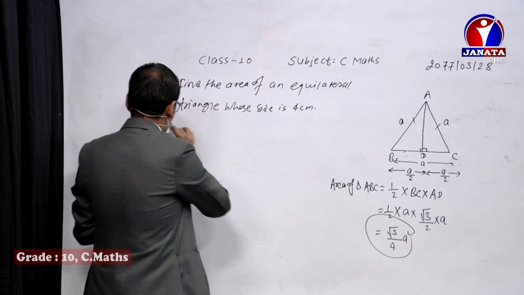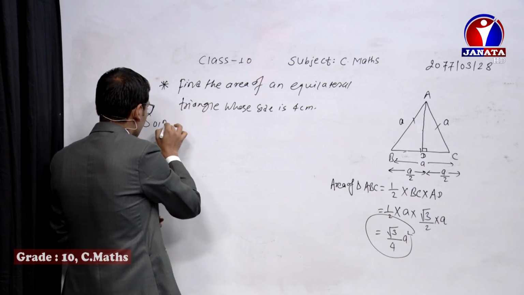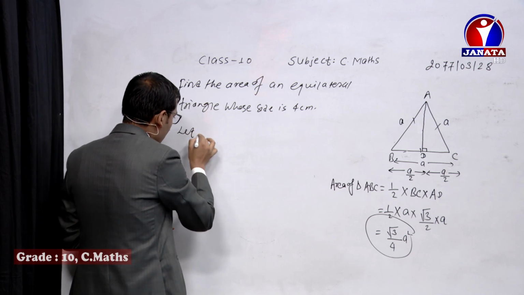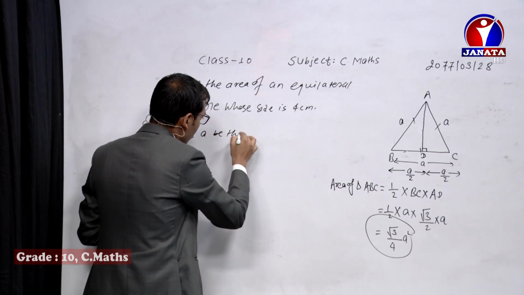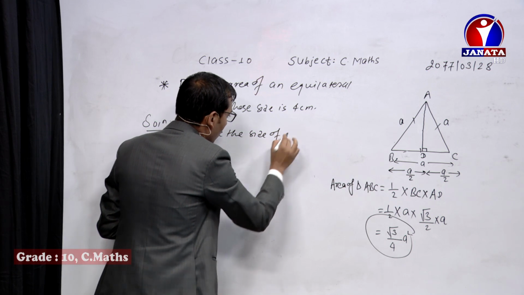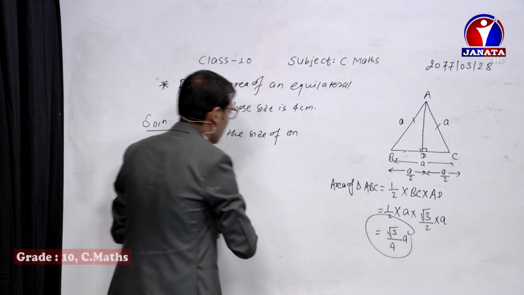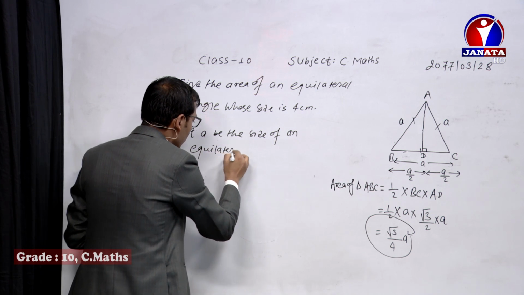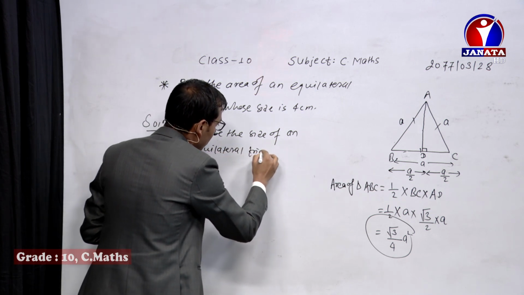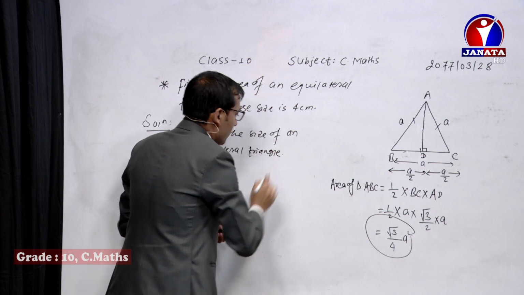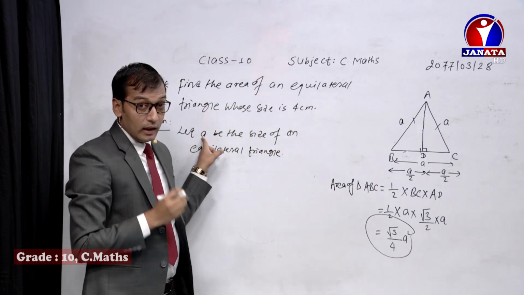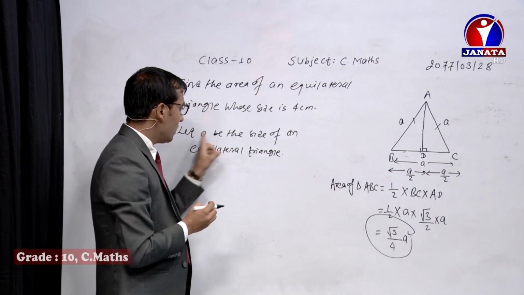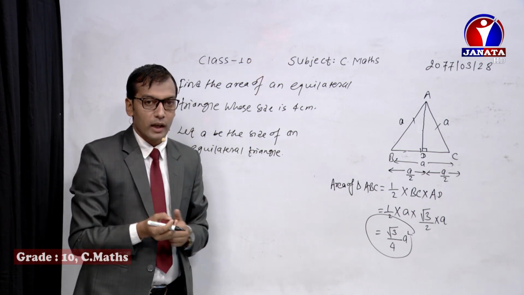So let's solve this. Here let A be the side of an equilateral triangle. Here A is the length of each of the sides of an equilateral triangle.